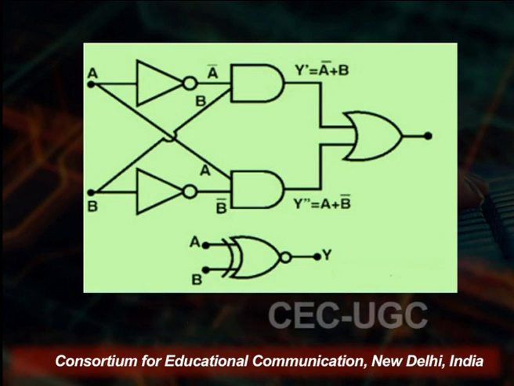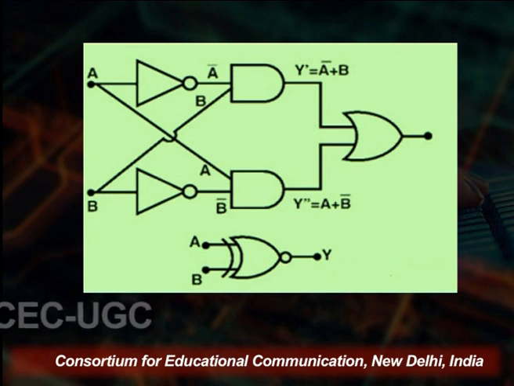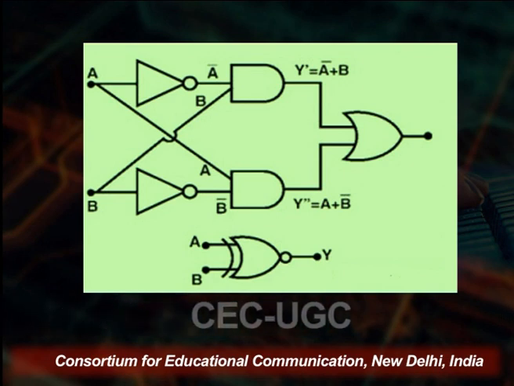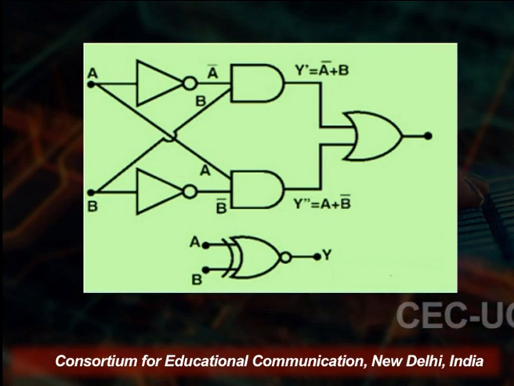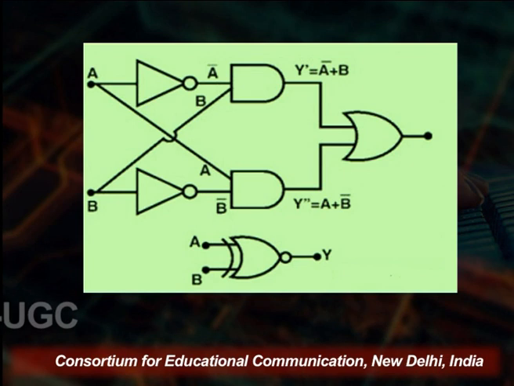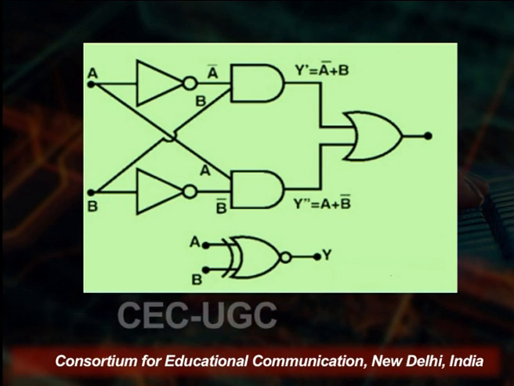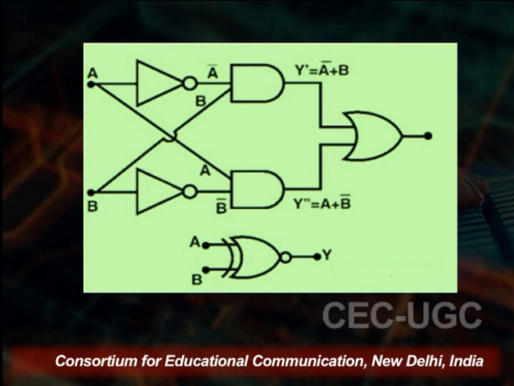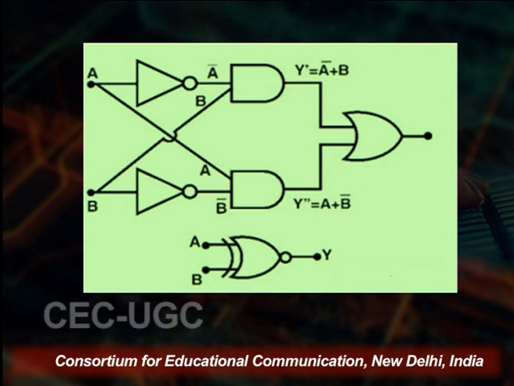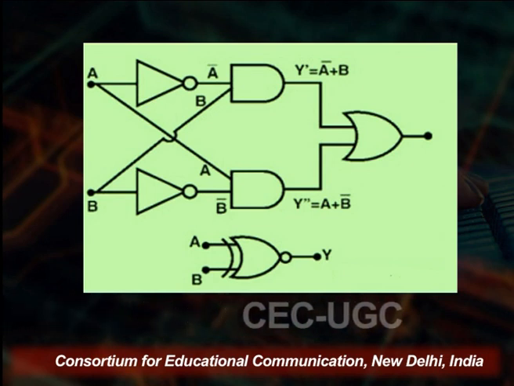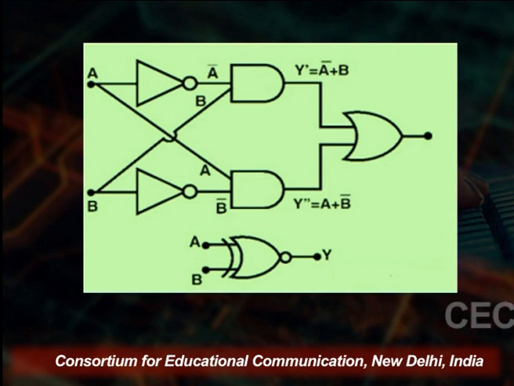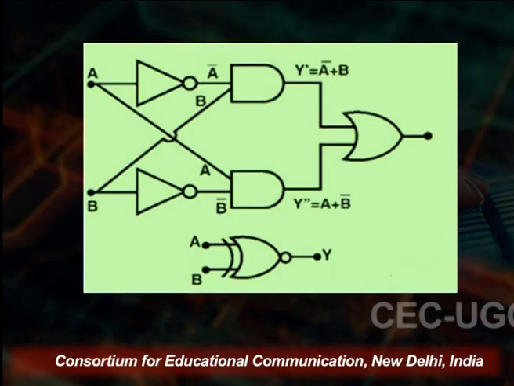You see here A positive will go directly, but here B negated, or B inverted, will go into the second AND gate, and after that we get Y = AB'. Now this A'B and AB' go into the OR gate, and then we can get the output. So in total Y = A'B + AB'.